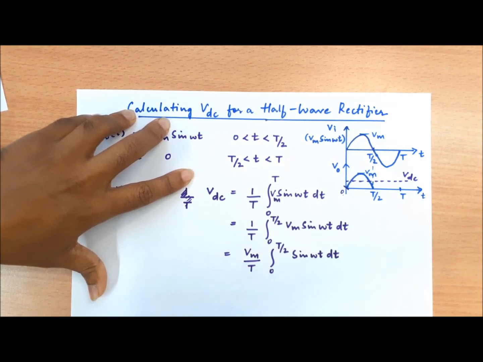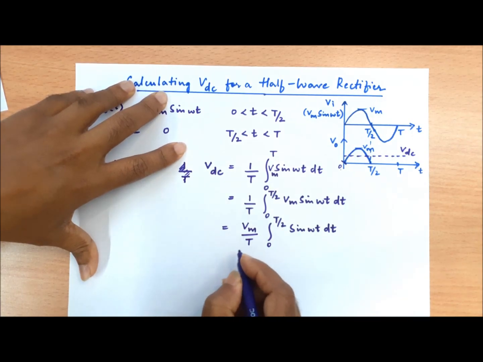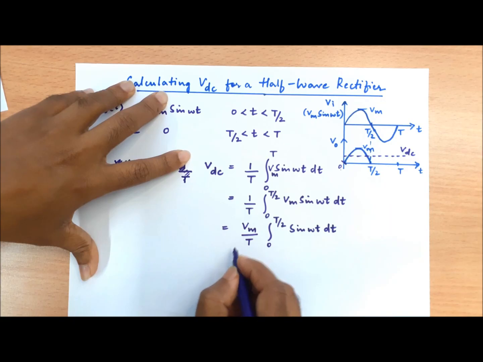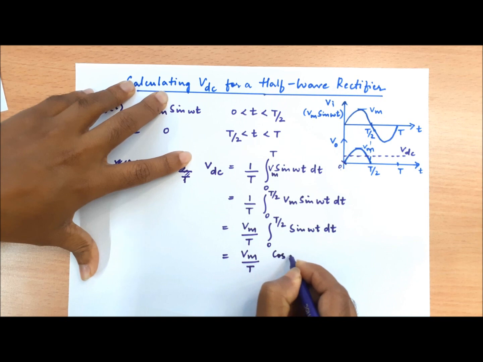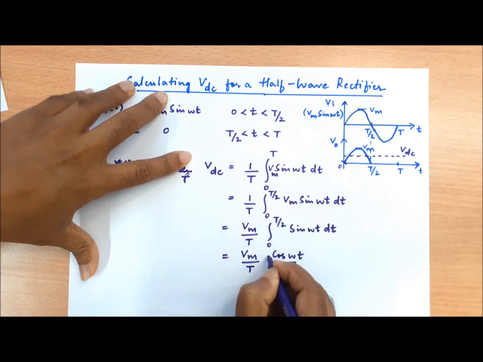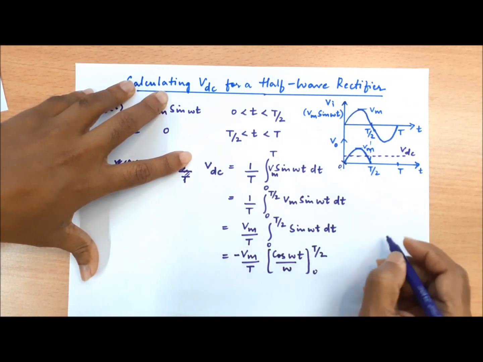So what is the integration of sine omega t? The integration of sine omega t is minus cos omega t by omega. So this is Vm upon T, with the minus sign expressed outside, and the limits 0 to T by 2. Now what is omega?